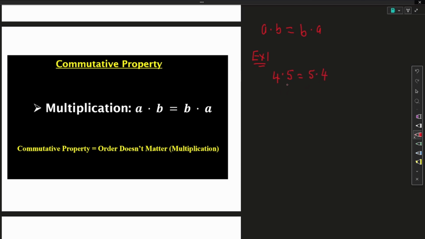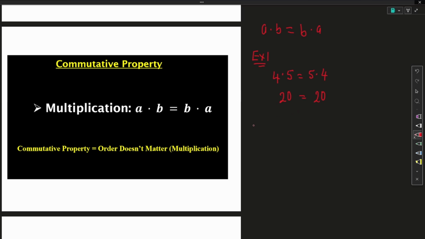So 4 multiplied by 5 is 20, equal to 5 multiplied by 4 is also 20. So both multiplications give us the result 20.